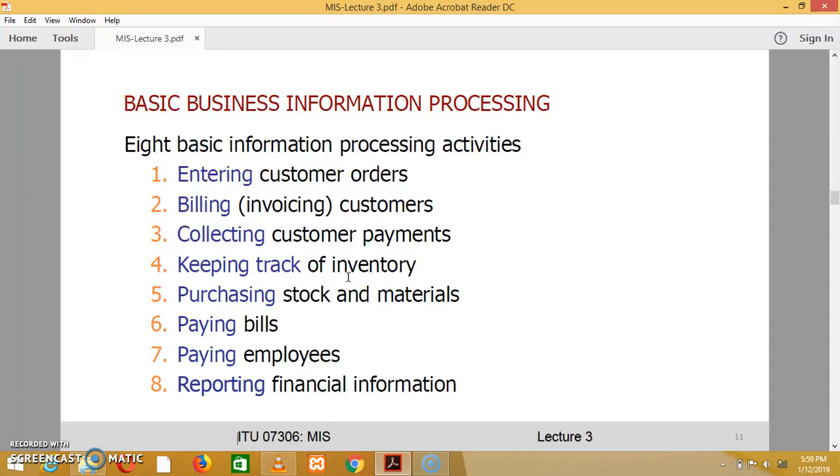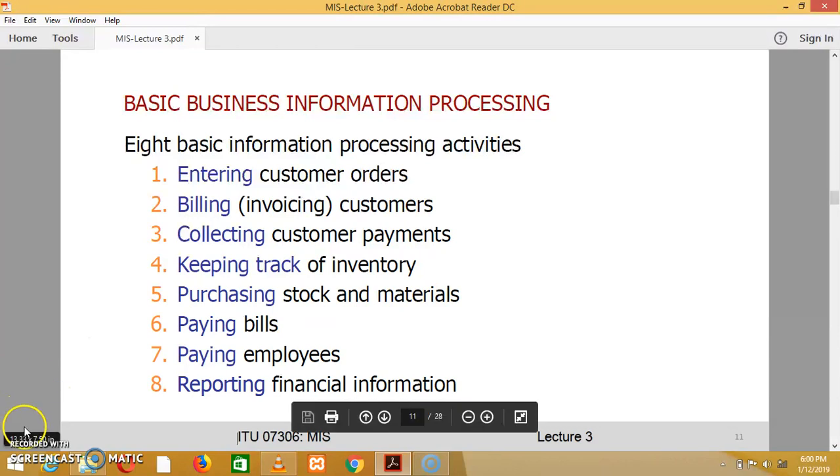But please understand that these information processes are basically done in any business company, regardless of size, maybe even a wholesaler or manufacturer. If you find something that is not clear to you, like keeping track of inventory, you may find this is for manufacturers. Even if the wholesaler or the retailer can do this, it is not as much as in a manufacturer.